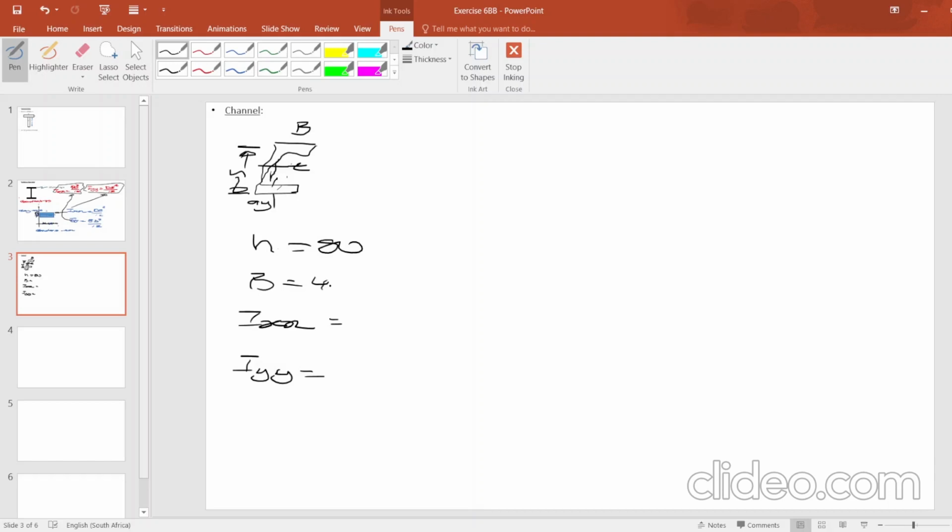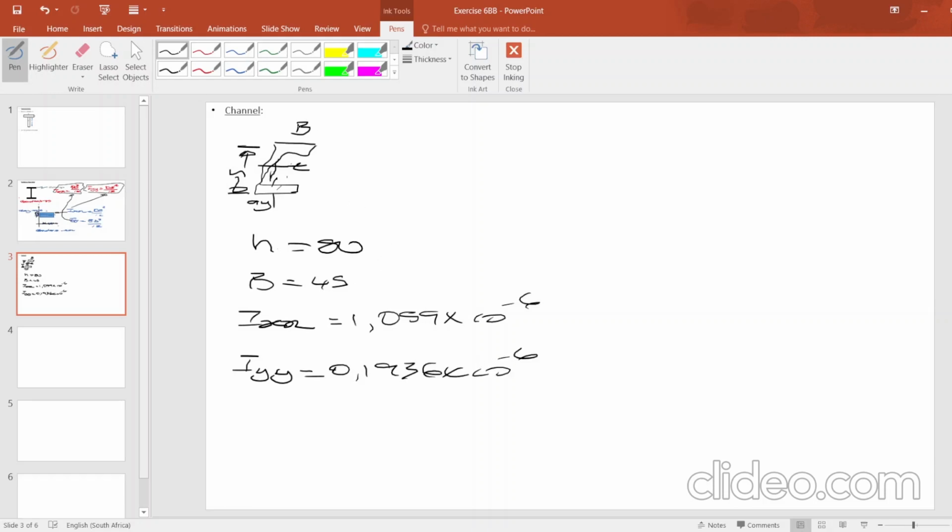Base there is 45. Then we are having the Ixx there as 1,059, 10 times 10 to the power negative 6. Iyy is 0,1936, 10 times 10 to the power.